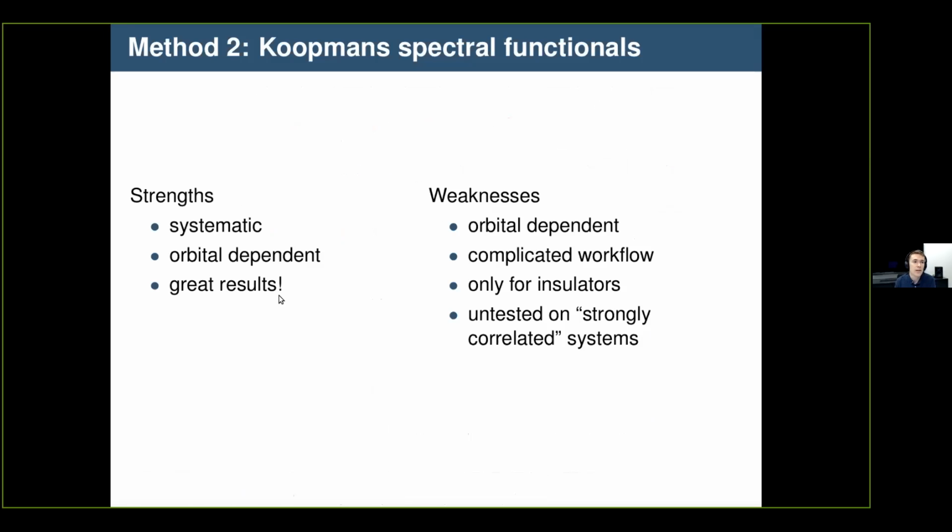So just to sum up with these Koopmans spectral functionals, the strengths are that they're systematic, so we now apply them to every single orbital in our system. Under the strengths and the weaknesses is the fact that it's an orbital dependent theory. Yes, it complicates things from a practical standpoint, but actually having an orbital dependent theory is a natural generalization of density functional theory.